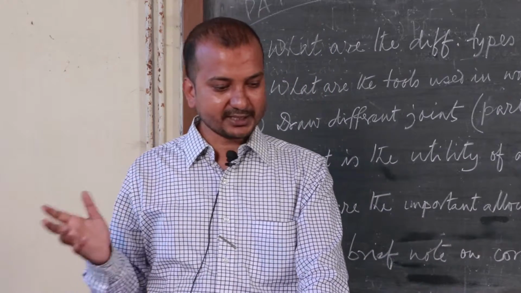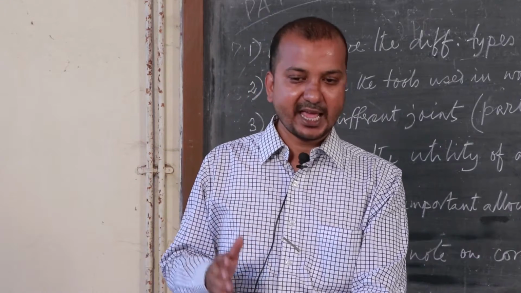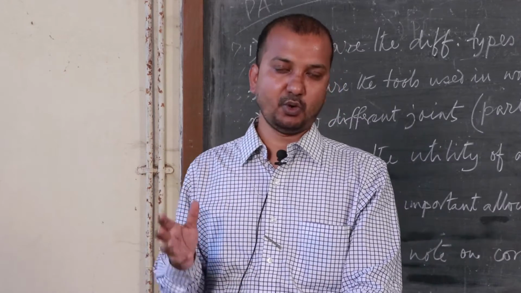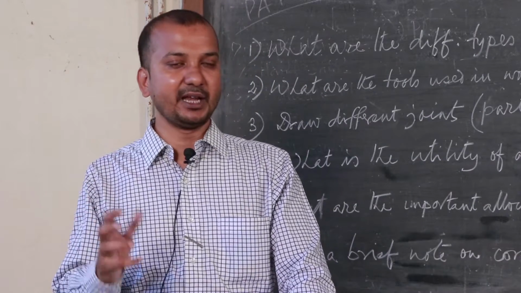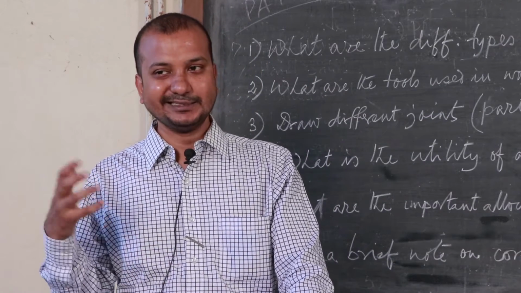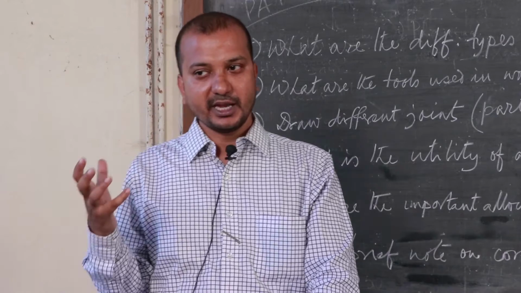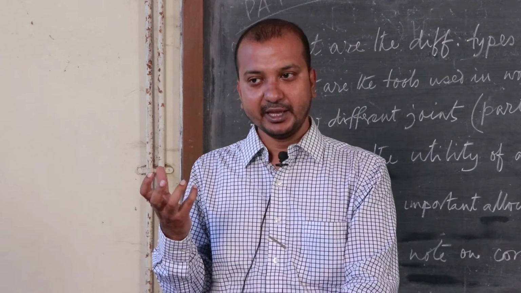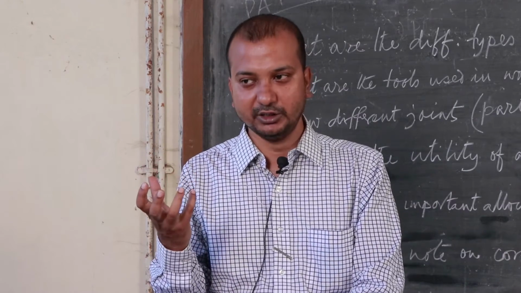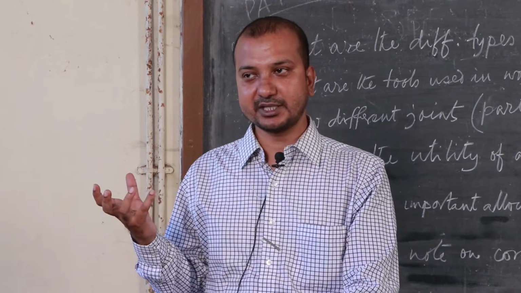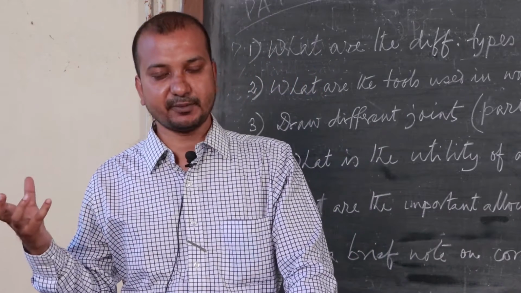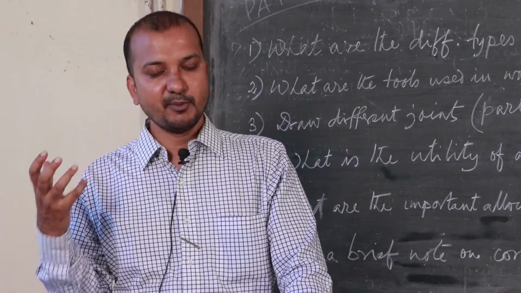The first and foremost important allowance is the shrinkage allowance, because when the molten metal is poured in the cavity, it is in liquid form. When it solidifies, there will be a contraction in volume, and that depends on the coefficient of linear expansion of that material.